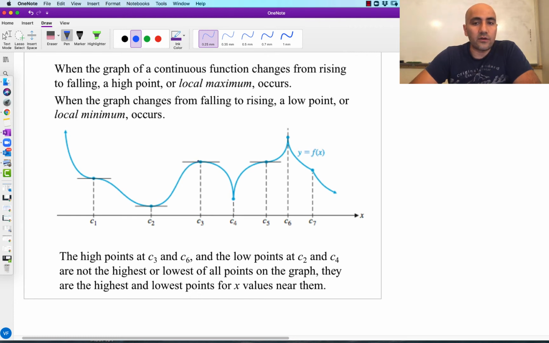We get to a 0, and then it begins to decrease. So the first derivative changes from a positive derivative to 0 to a negative derivative. And at that point, we have a local max. So this one is a local max, and this one right here is a local min.